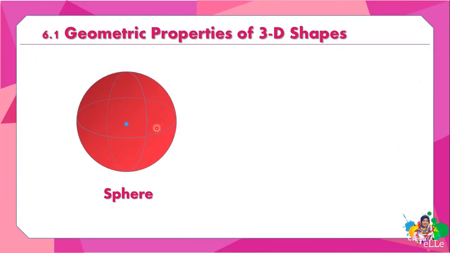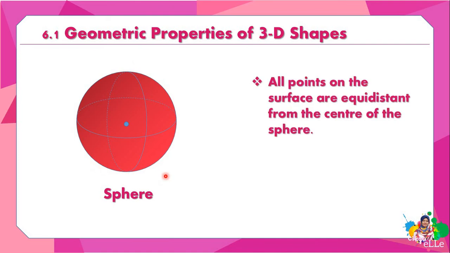Alright, look at this one. What is it? It is a sphere. Okay, this is a sphere. All points on the surface are equidistant from the center of the sphere. Okay, inside the sphere, it has a center.